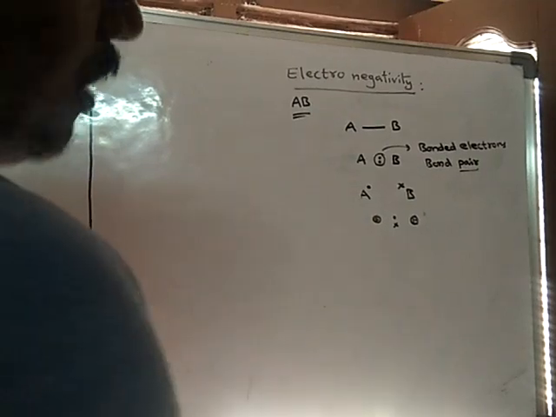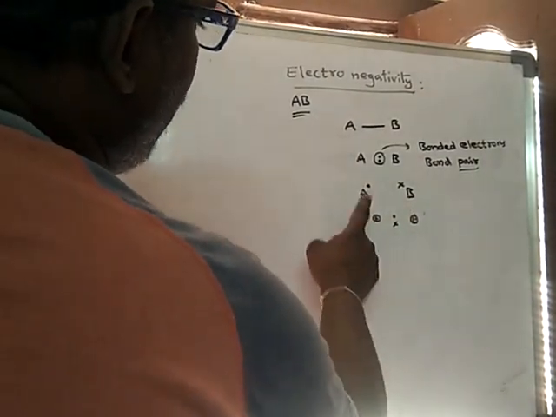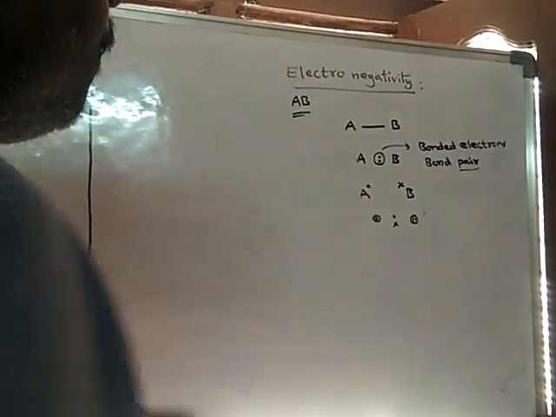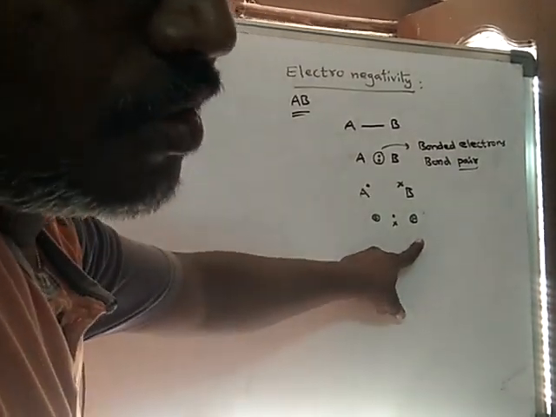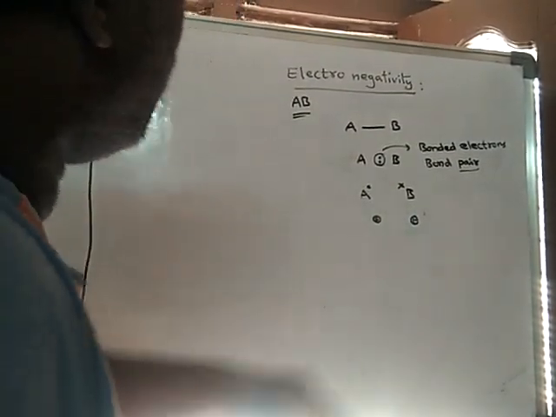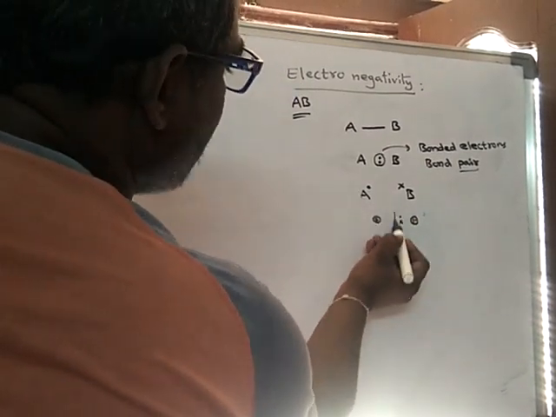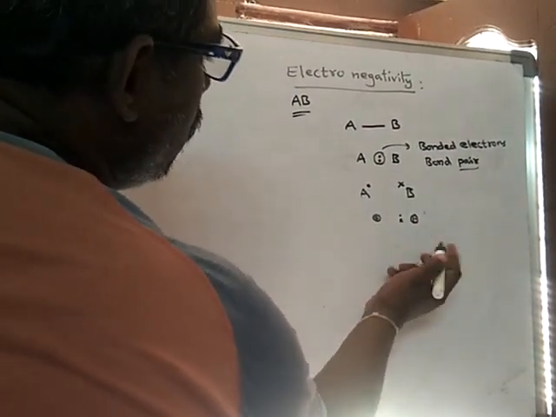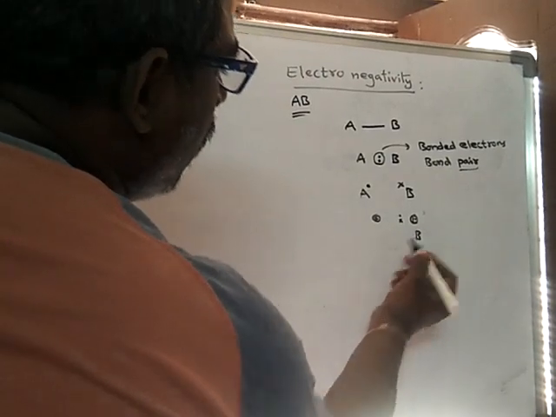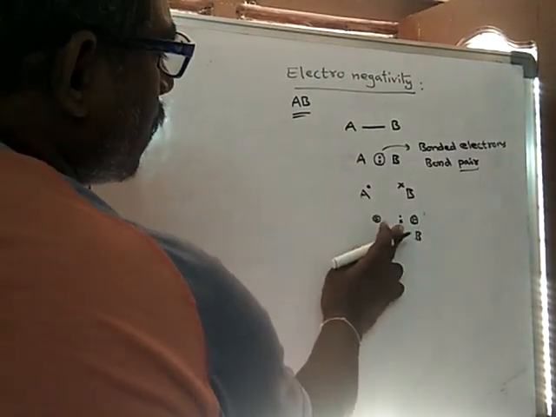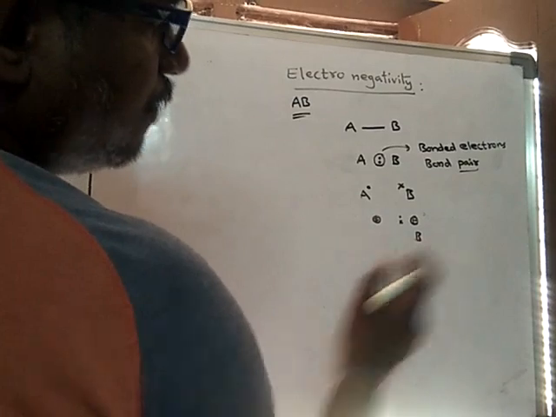It depends upon the attracting power of A or B. Suppose B's attracting power is more, then these two electrons will shift towards B. Actually they should be present at the center, but due to B's greater attracting power, the electrons will move slightly towards B.